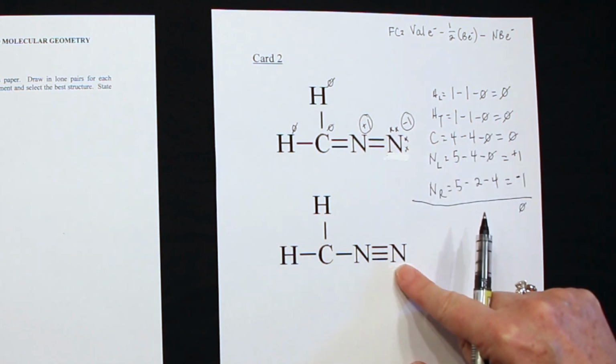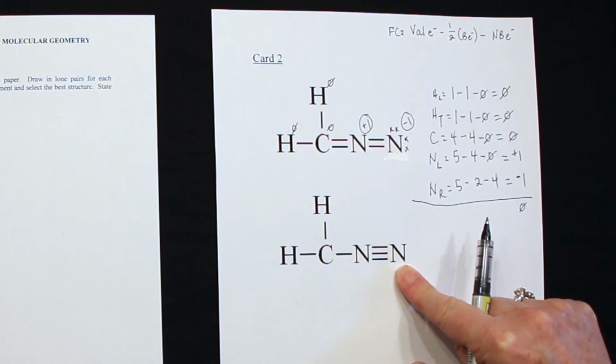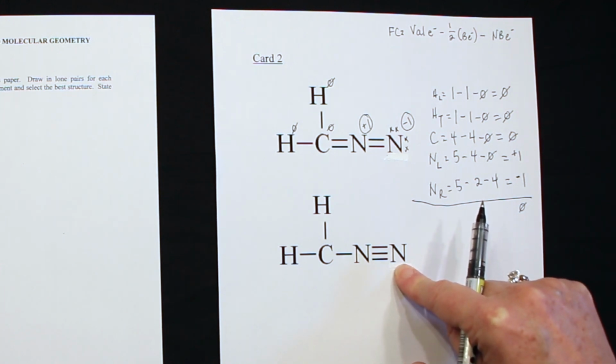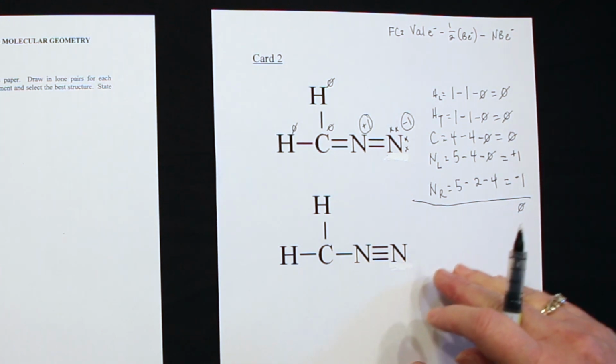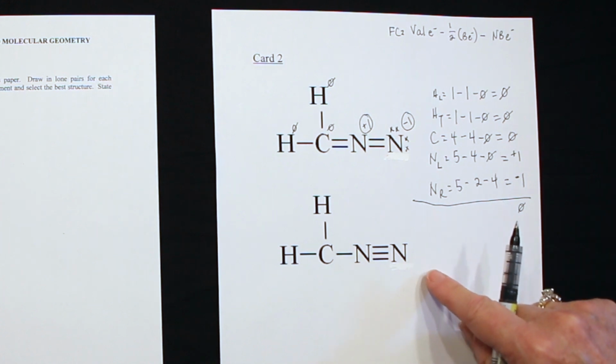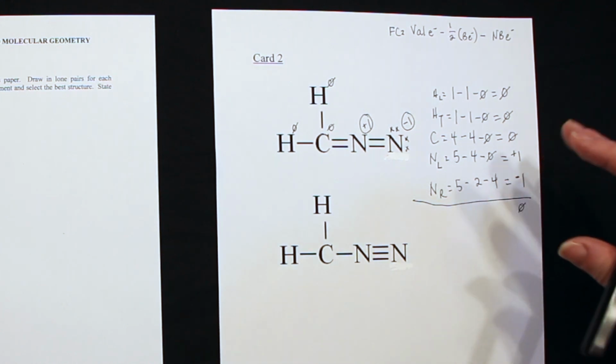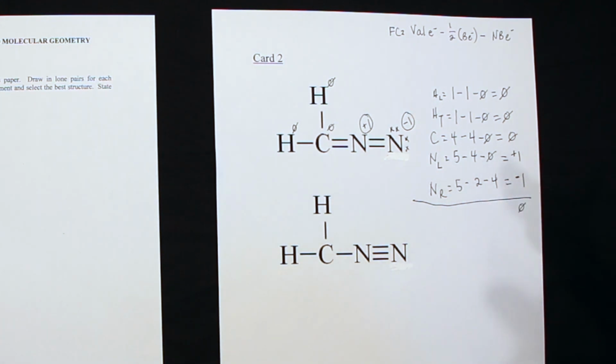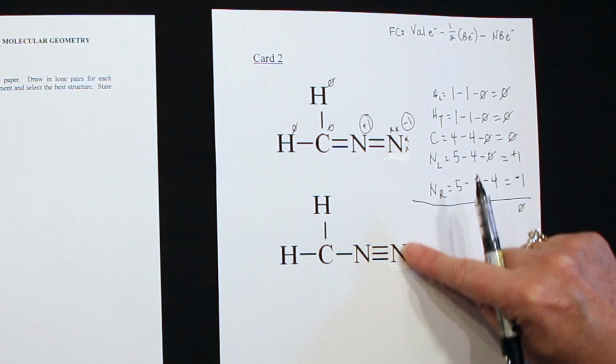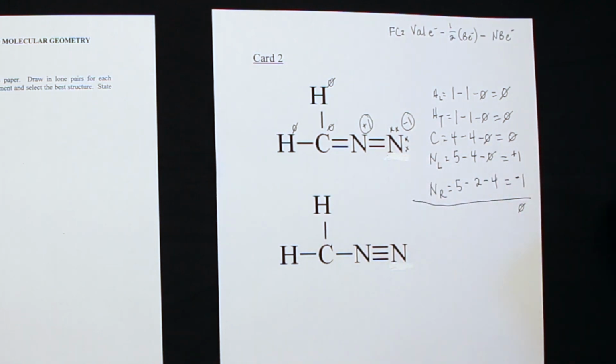You'll do the same for this structure, and then using what is in the discussion in the lab manual, again the section right after the formal charge example, it says there are 2 ways to determine which is the best structure. I need you to read that and to select which one of these is the best structure.